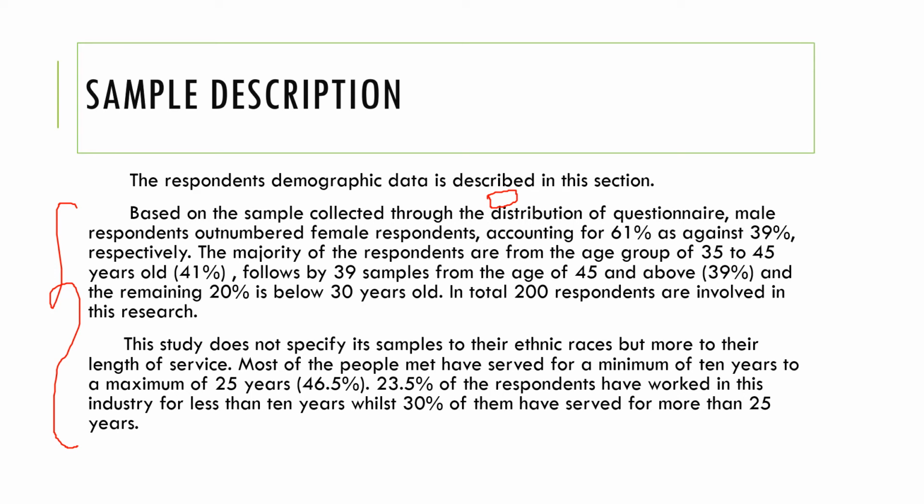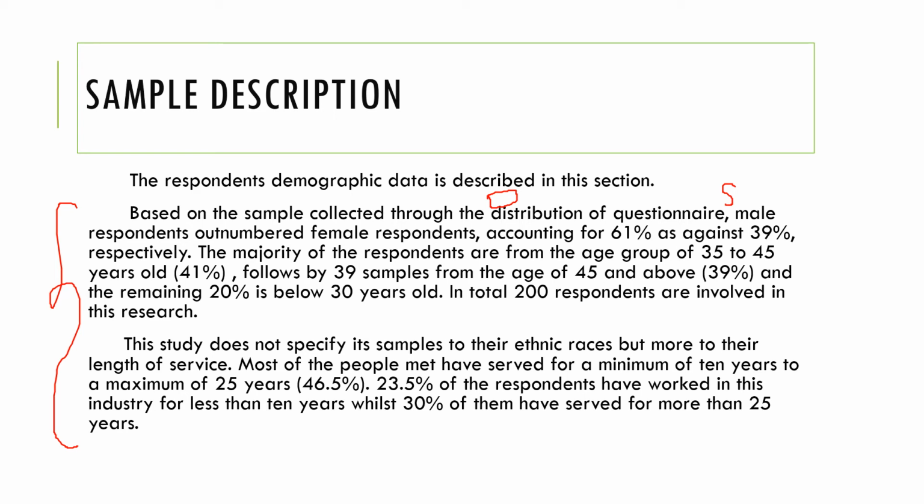Now this is based on the table just now, so you can see how it is. This is not the best, definitely, but this is something suitable for the table that I showed you just now. So based on the sample collected through the distribution of questionnaires, male respondents outnumbered female respondents, accounting for percentages respectively. Now you go till the end of the paragraph.